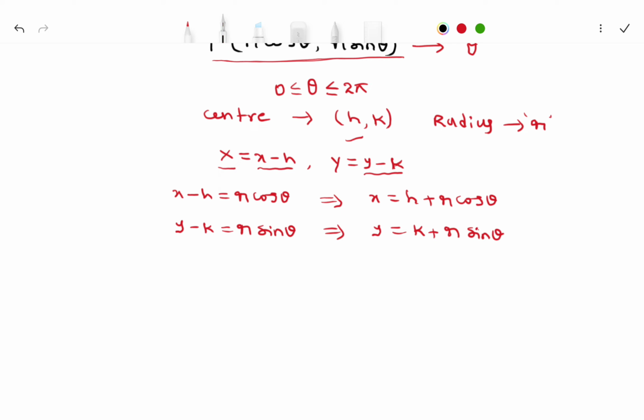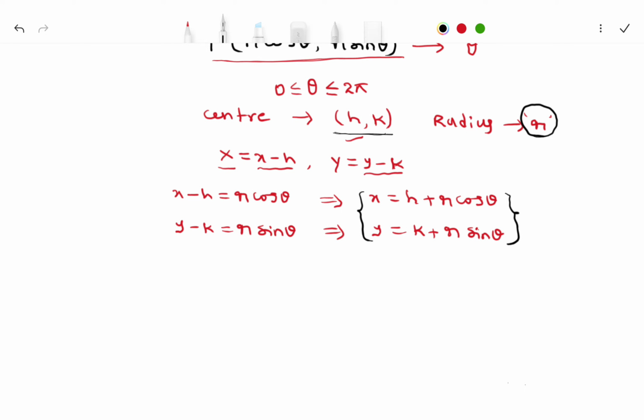These two are the parametric equations. So when will you apply these two? If the center is (h, k) and the radius is r units, you can use this parametric equation.